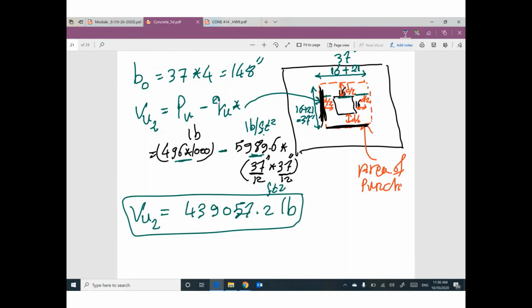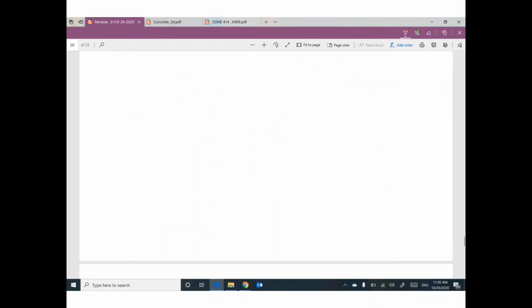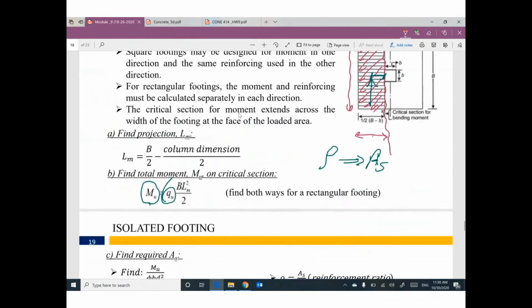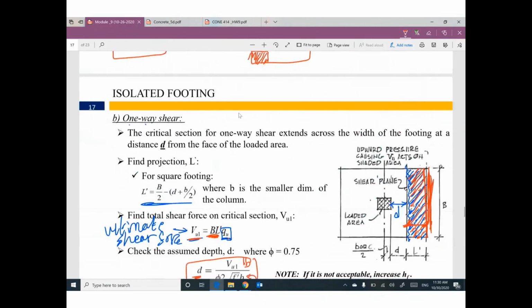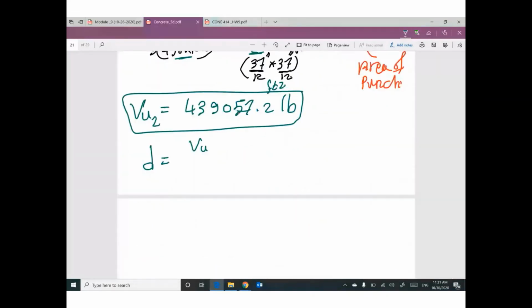Okay, we need to check the depth. Do you remember the value to check? I'm going to use the first expression: V ultimate 2 divided by phi 4 lambda square root F prime C times B naught. Go ahead and put in your numbers.